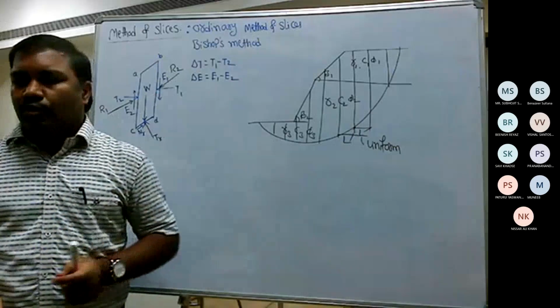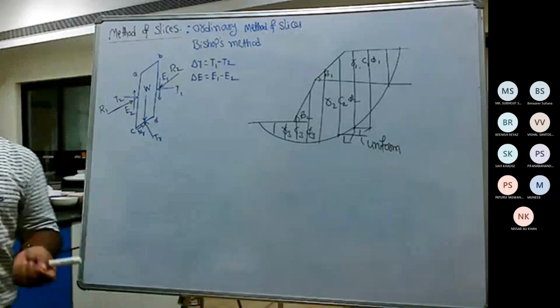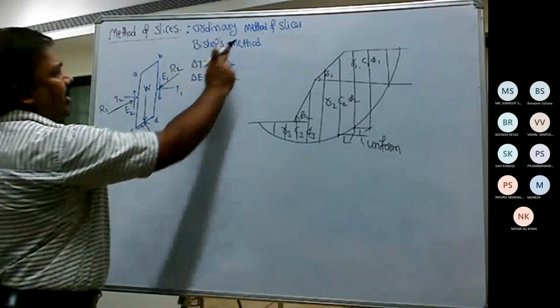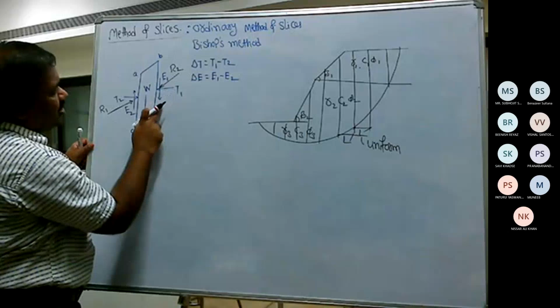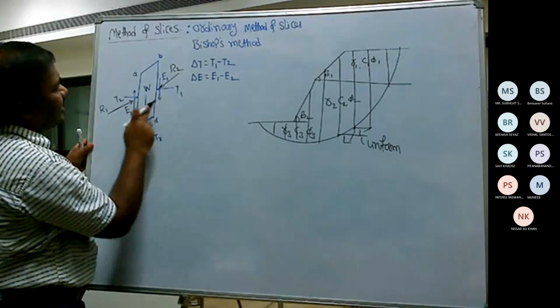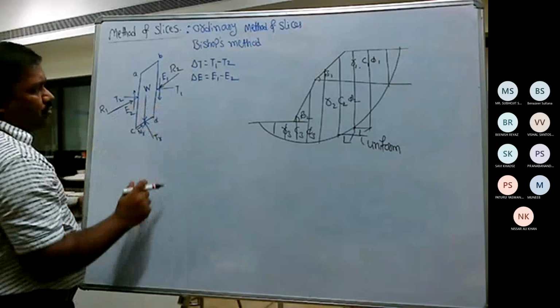Thereby they don't make any kind of moment. That's how, in the ordinary method of slices, the forces acting on either side of the slice are nullified and not taken into account.